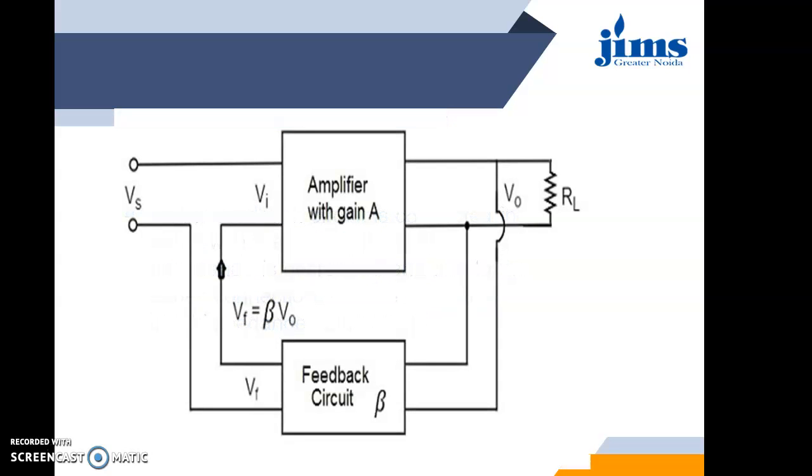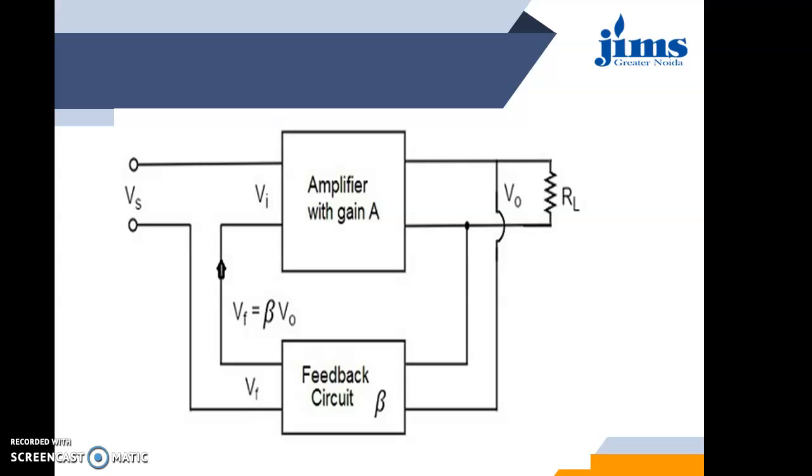So this is the very first configuration, the voltage series configuration. I told you the output energy is voltage, which is fed back to the feedback circuit in shunt, and the name series comes because the input port has the voltages added up in series. There are two main blocks: the amplifier block and the feedback circuit.